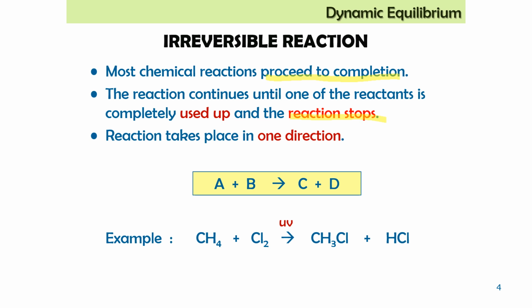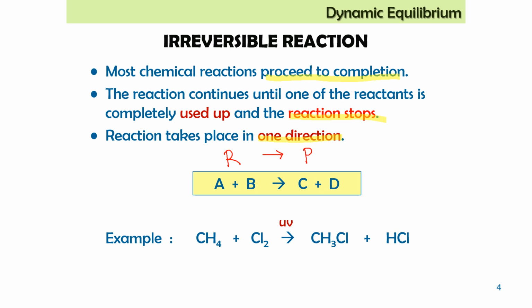Means the reaction akan take place in one direction, satu arah sahaja, ataupun in another words means you have reactant and then the reactant will be consumed, habis, and the reaction will stop and you will get your final product.